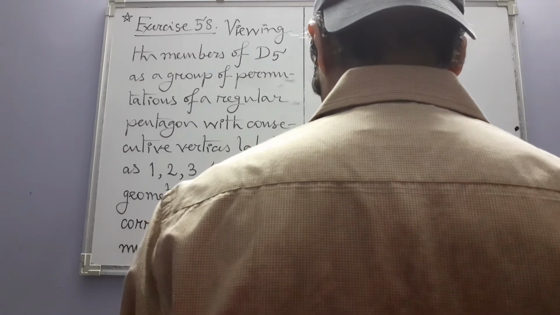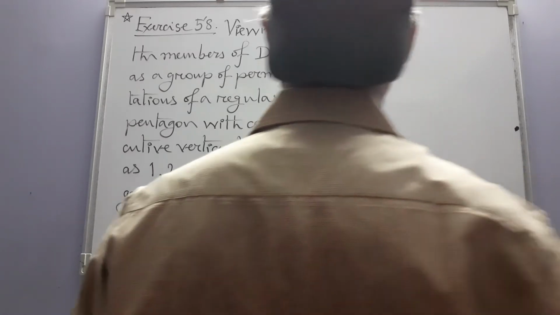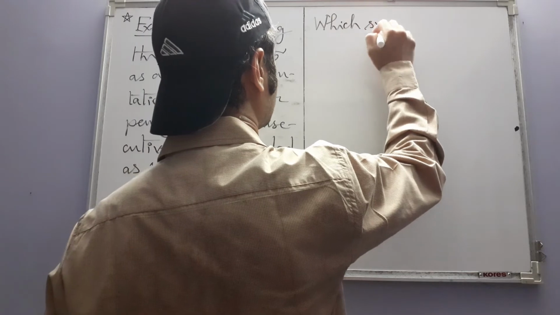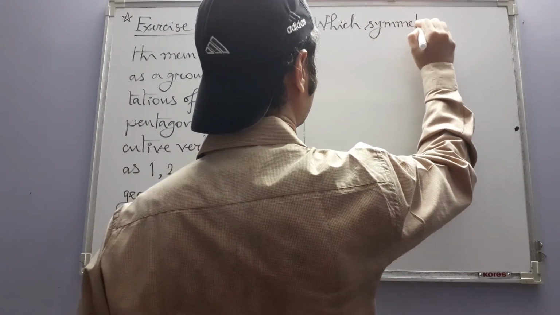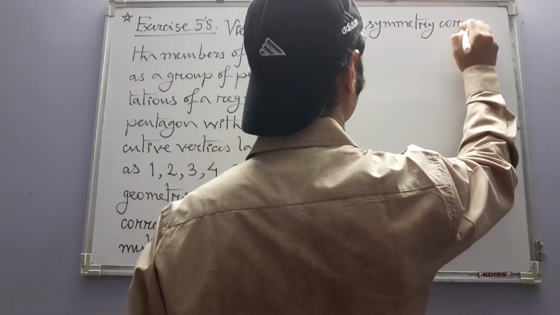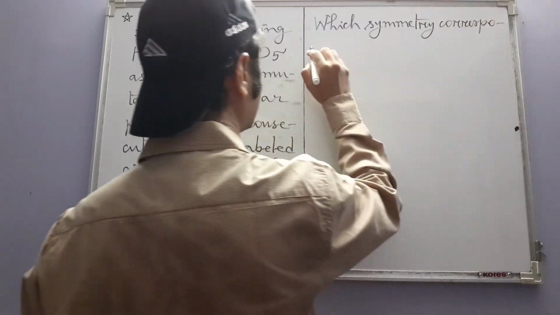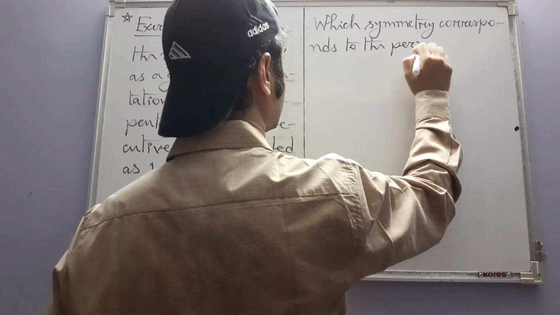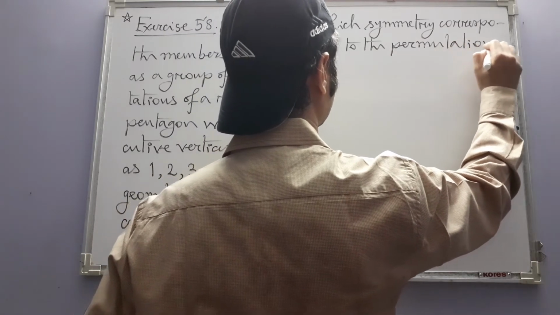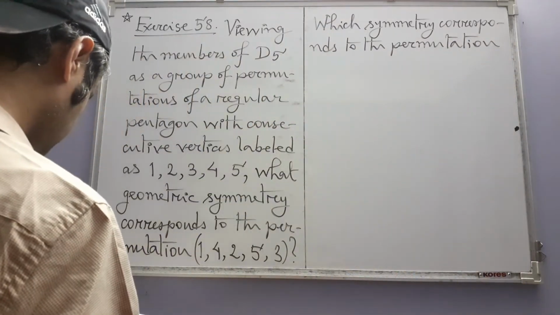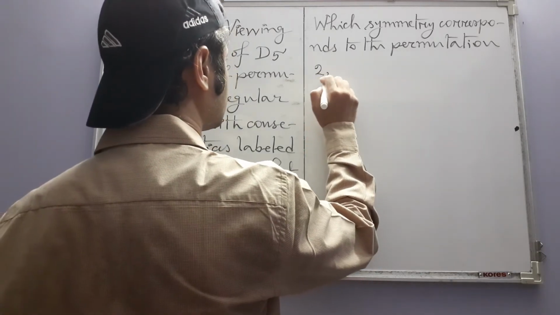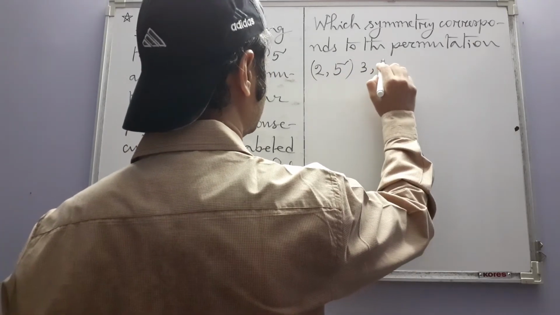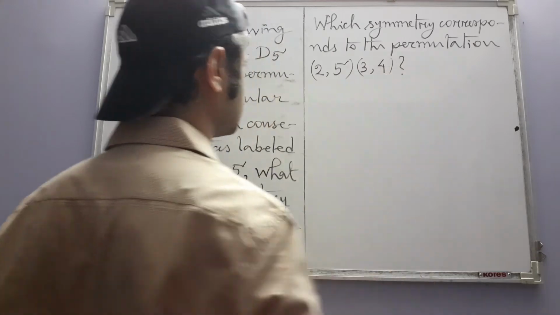Okay, and there is another one. Which symmetry corresponds to the permutation which is the product of these two cycles or transpositions?